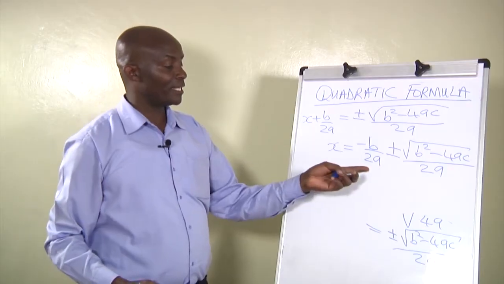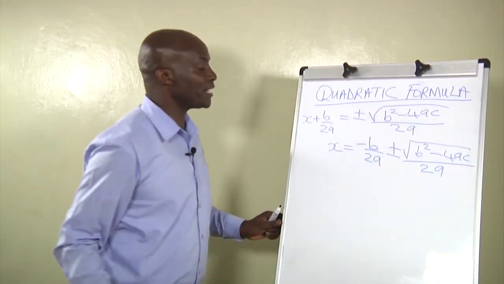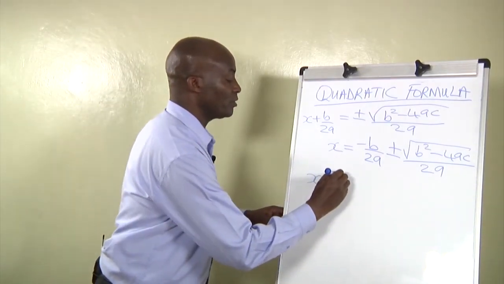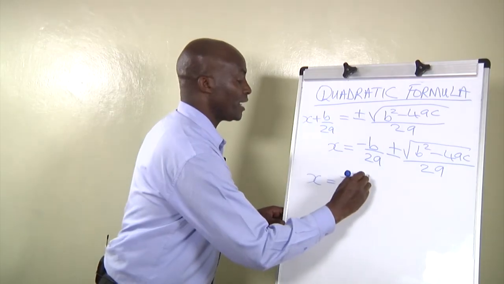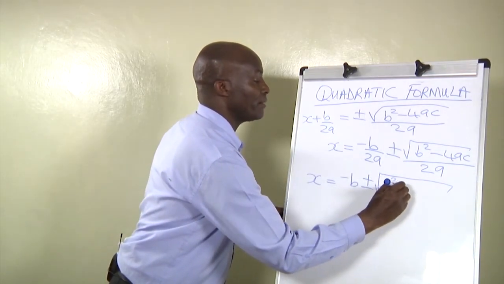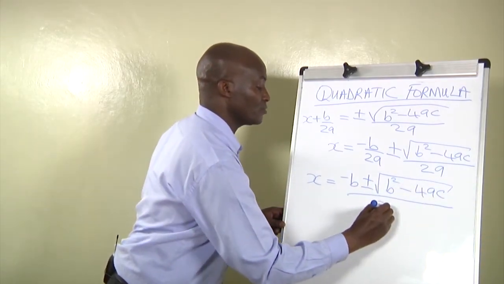And you can see that they have a common denominator, and therefore they can be written as a single fraction, whereby x is equal to negative b plus or minus the square root of b squared minus 4ac, divided by 2a.